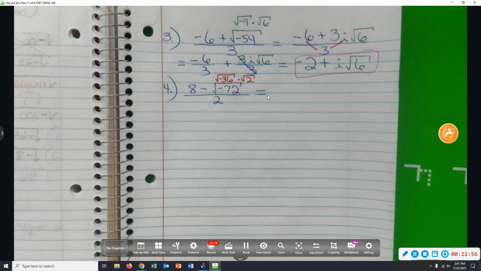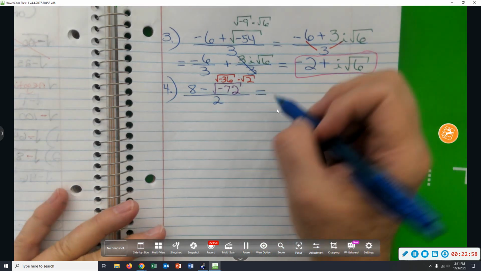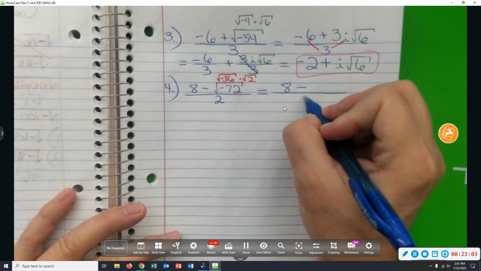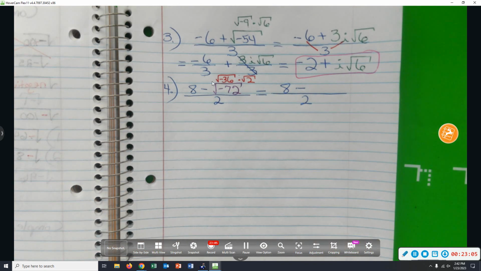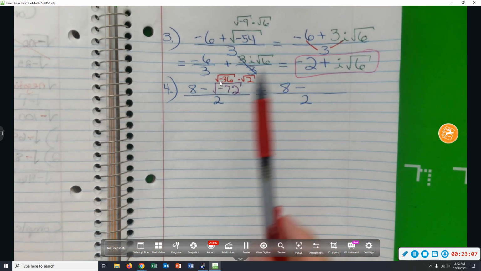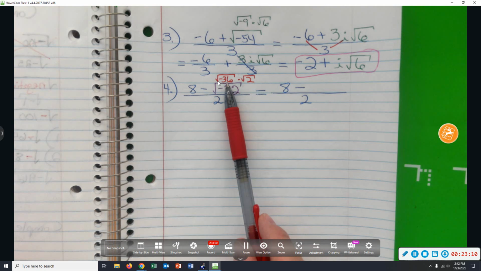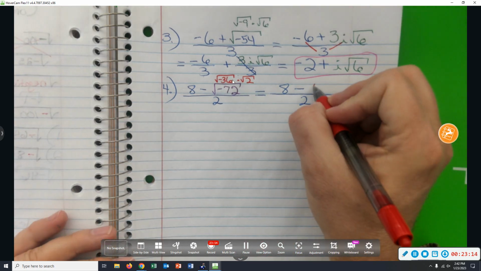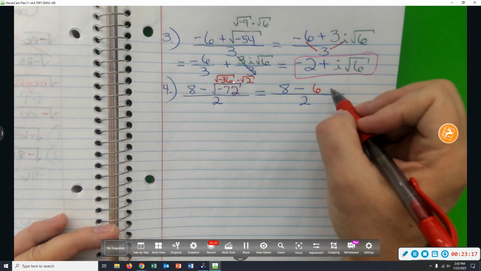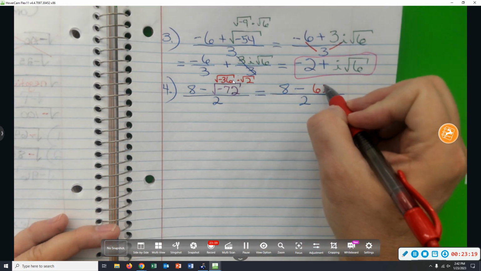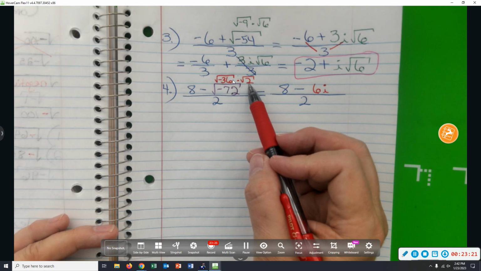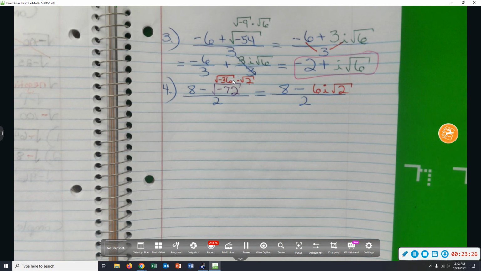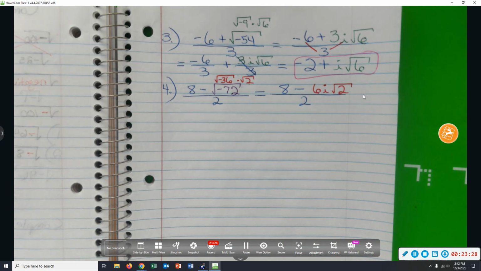So the square root of -36. The square root of 36 is 6, but since it's a negative, we get 6i. What do I do with this? Nothing, just bring it down.